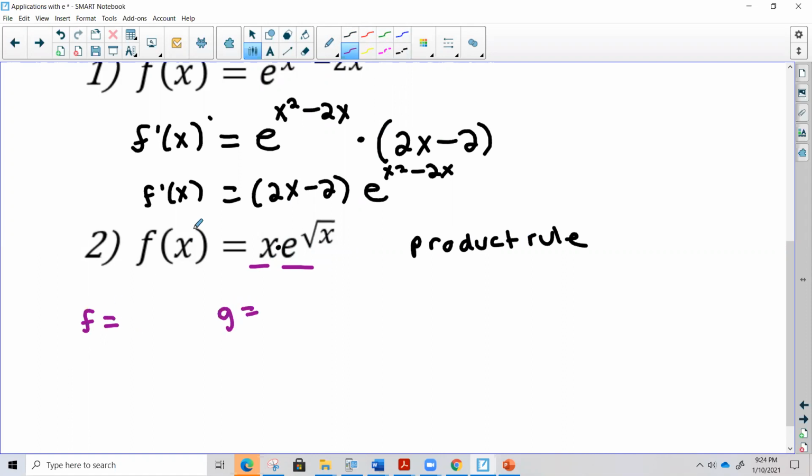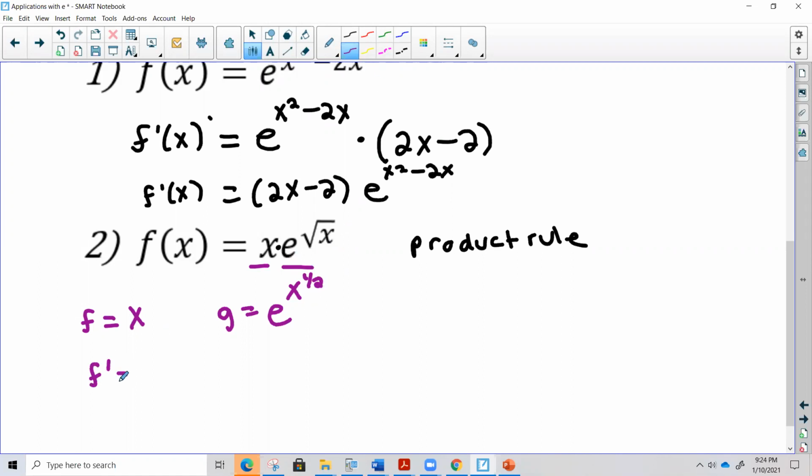Just note that this f is not the same thing as the whole function. So f is that first part, which is x, and g is e to the square root of x. I'm going to make it e to the x to the 1/2 because anytime I take the derivative of a square root, I need to change it to exponent notation, which is changing it to 1/2.